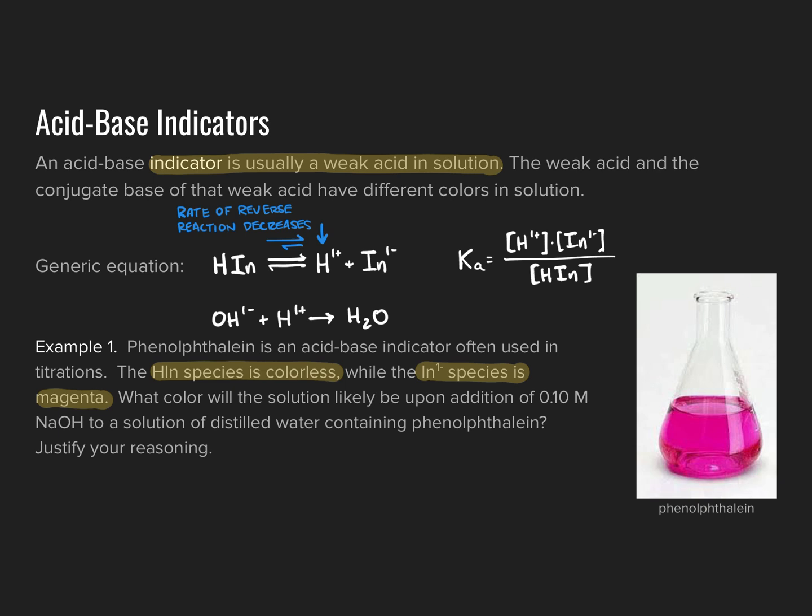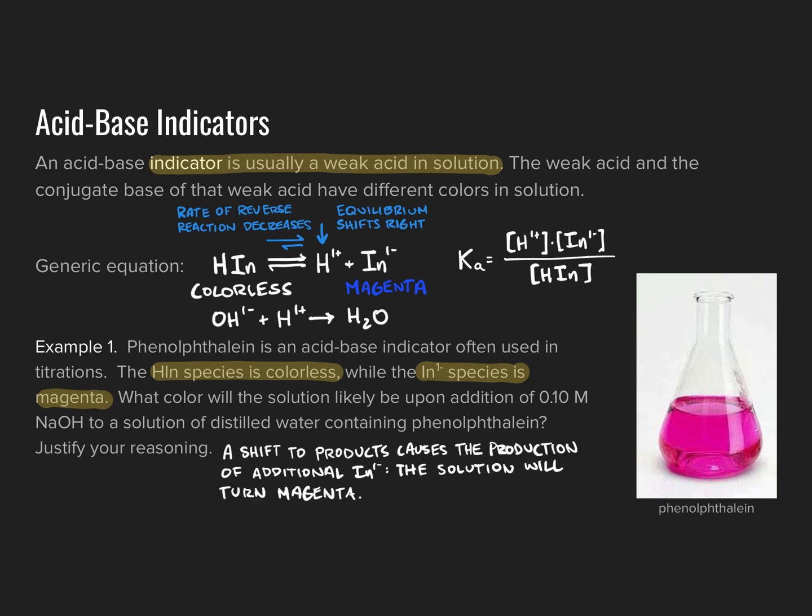And as such, the net shift in equilibrium in this case should be a shift to the right. Now, having predicted a shift to the right by Le Chatelier's principle, recognize that from our givens in the problem, the species IN- is described as the magenta species in solution, suggesting then that the shift right should cause the production of more IN-, and therefore we would expect to see the phenolphthalein turn magenta in our solution.